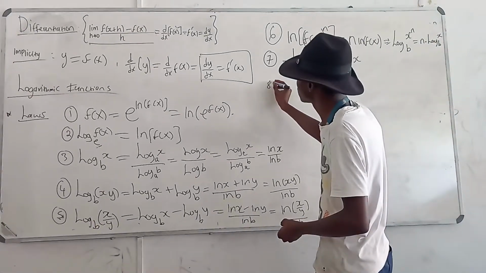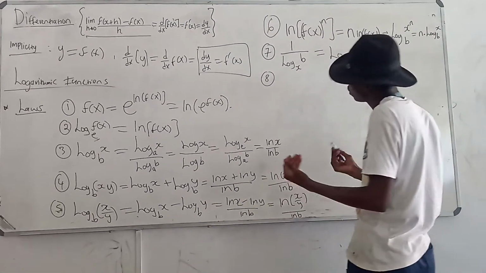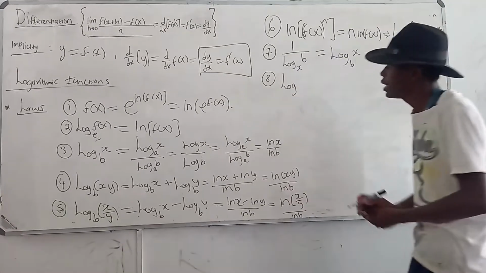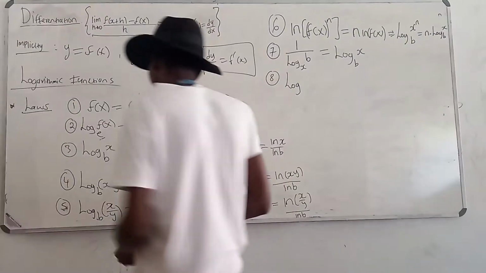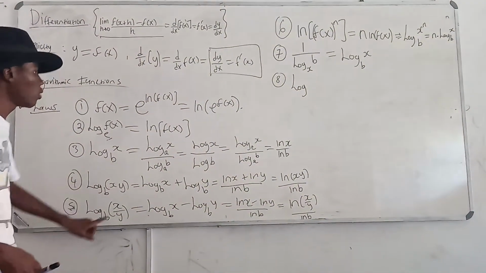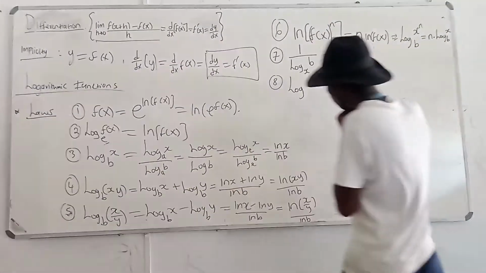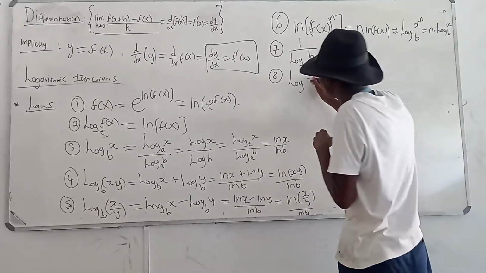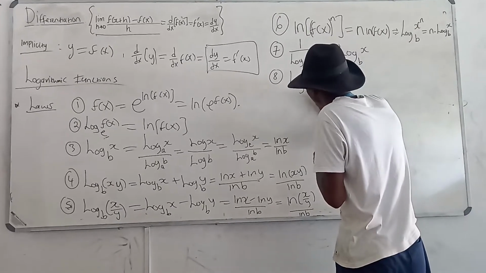Let me specify this one, which is also kind of important, but it was derived from this. Look, we're having the log of e base e.